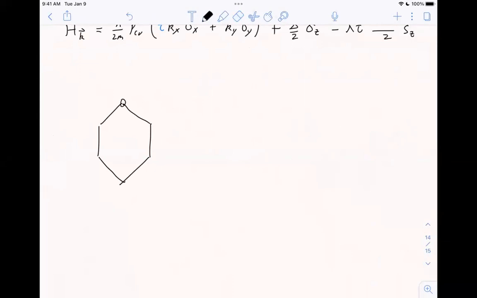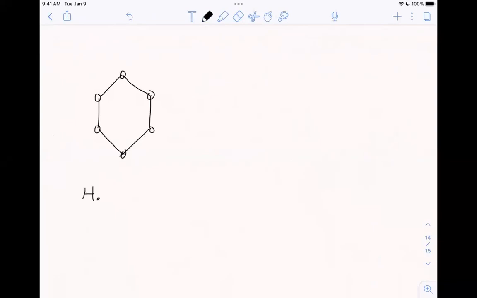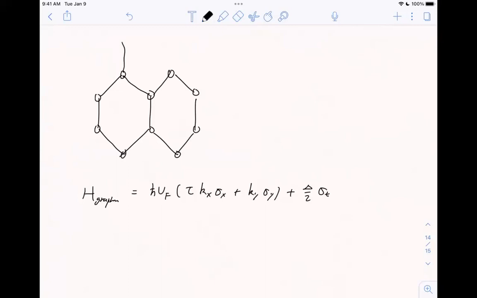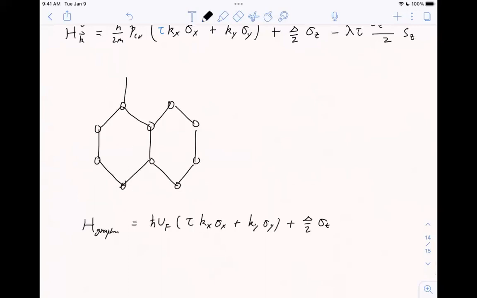For graphene, if you remember, the Hamiltonian of graphene is H = hbar v (tau kx sigma x + ky sigma y). This is the Hamiltonian of graphene. We learned this already. I hope you remember. They are both Dirac equations.